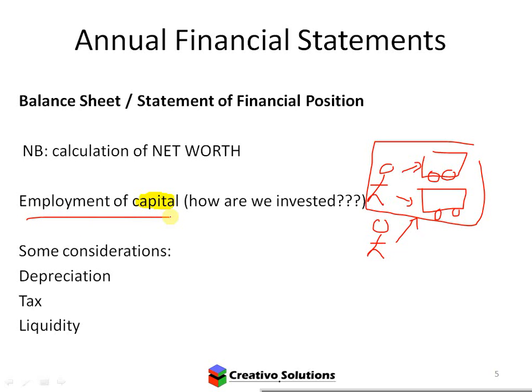Alright, so a few other considerations in terms of assets. Some assets offer depreciation, and we know depreciation is good from a financial management or tax point of view, because that can be claimed as a wear and tear allowance. So that's not always a bad thing, but it's only for companies, businesses that operate. Tax is also a consideration, and liquidity. Certain assets are more liquid than others. So do you want to have lots and lots of houses?